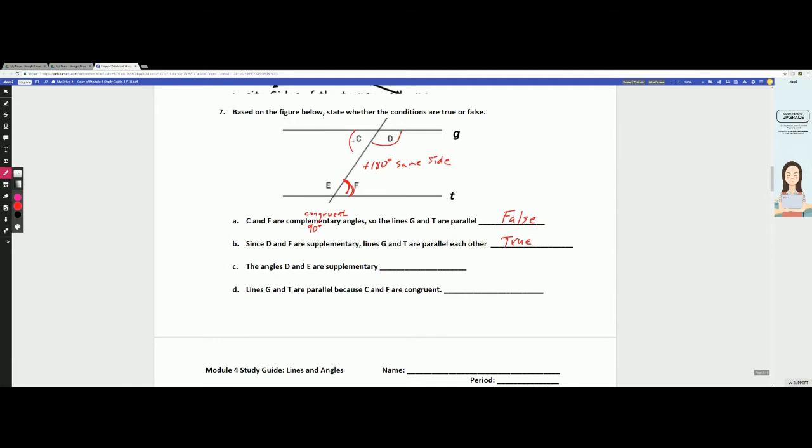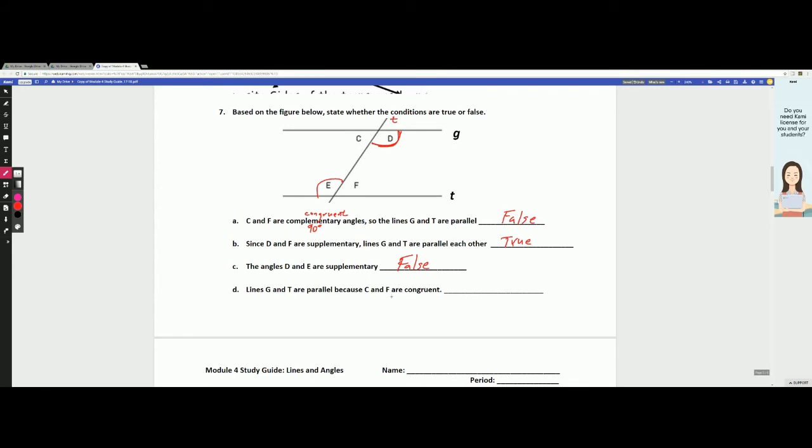Angles D and E are supplementary. That means they add up to 180, but in this situation, it doesn't look like they're both 90s, so I'm going to say false. If the transversal cutting through the two parallel lines was perpendicular, that means 90 degrees, then yeah, it would be true, but it looks like it's not.